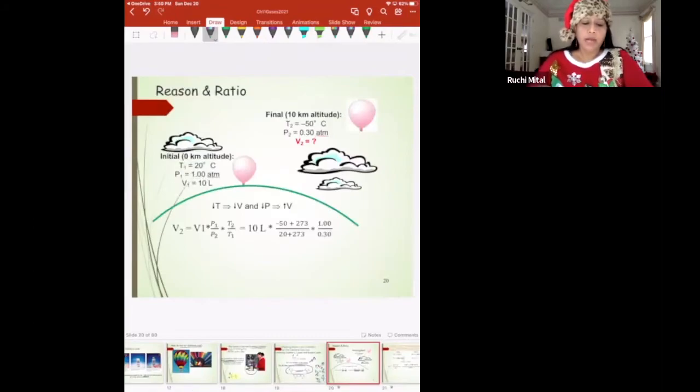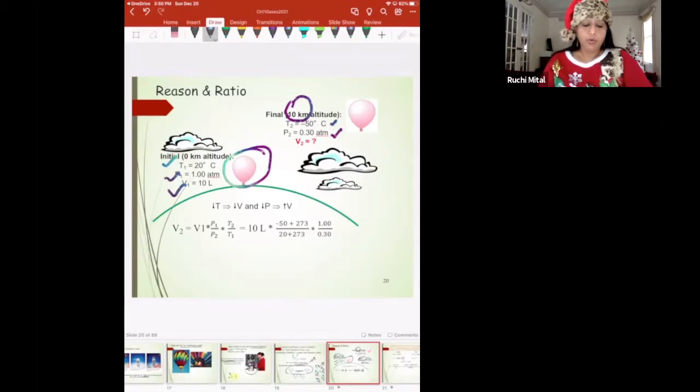So here, let's say you have a balloon at a pressure of 1 atm, and the size of this balloon is 10 liters. It is asking you now, if it is at a higher altitude, the temperature is lower. We know that the pressure is going to be lower. We want to find out what the volume of the new balloon is going to be. That is going to change. You know the relationship: as temperature decreases, volume decreases; as pressure decreases, volume increases, right?